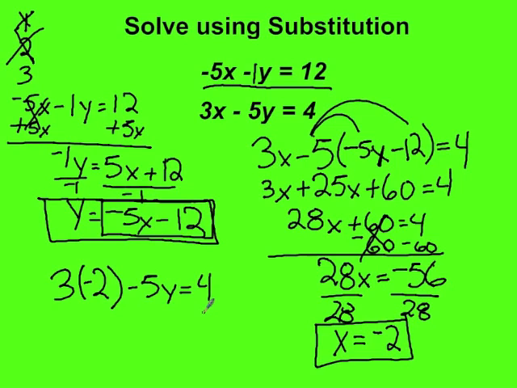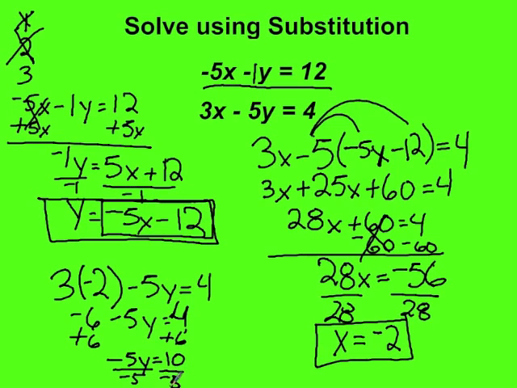Solve for y now. -2 times 3 is -6, minus 5y equals 4. Plus 6, negative 5y equals 10. Divide by negative 5. 10 divided by negative 5 is negative 2. So y equals negative 2.